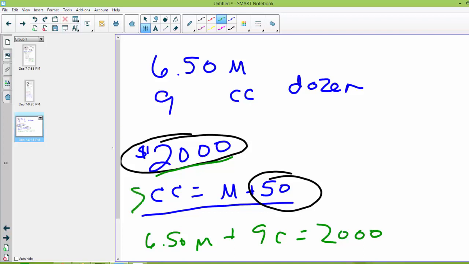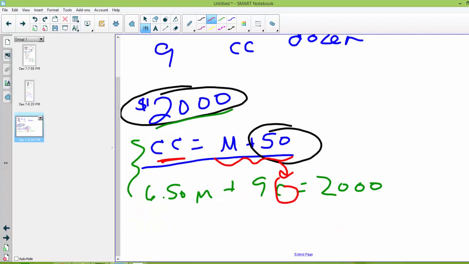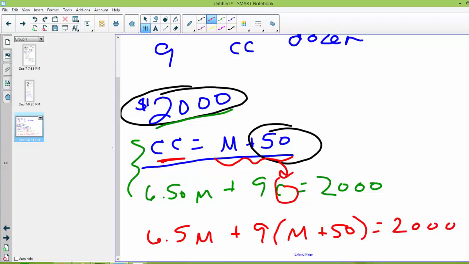So we have two equations right here, and the chocolate chip is already solved for, so we can plug the m plus 50 in for that c. So $6.50 per mint plus $9, and then instead of c, you have the m plus the 50 equaling 2,000.